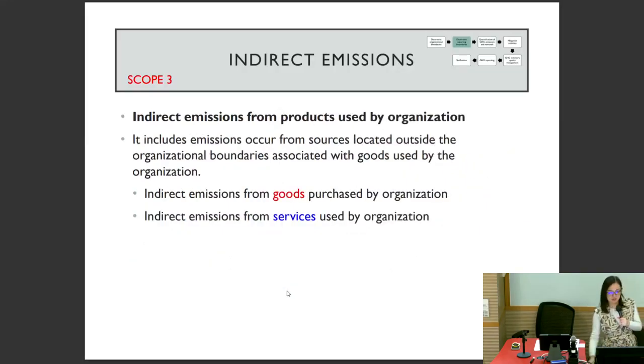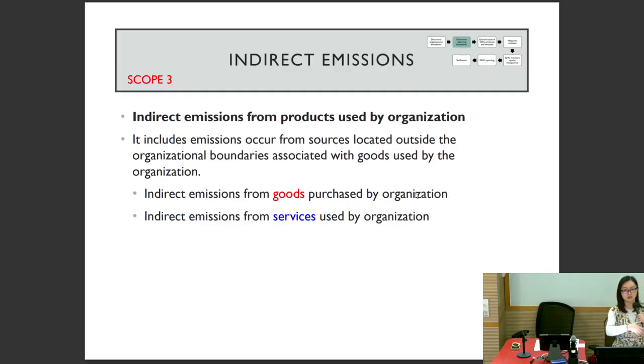Another kind of indirect emissions would be the indirect emissions from products used by the organization. It includes emissions that occur from sources located outside the organizational boundary, associated with goods used by the organization. For example, the indirect emissions from goods purchased by the organization.